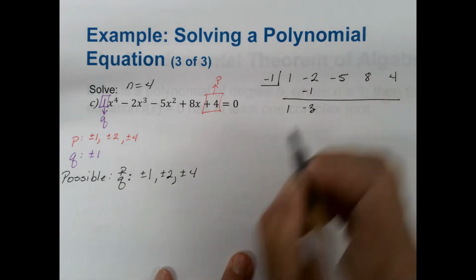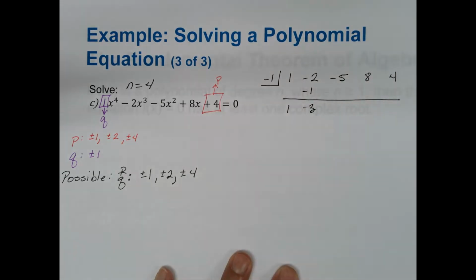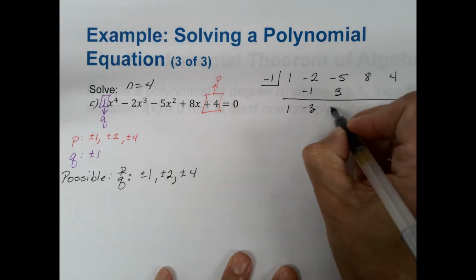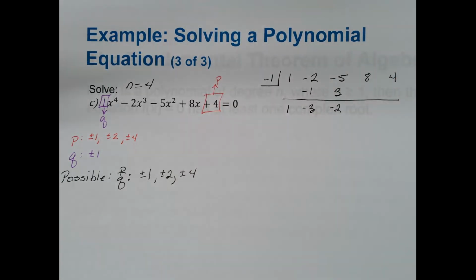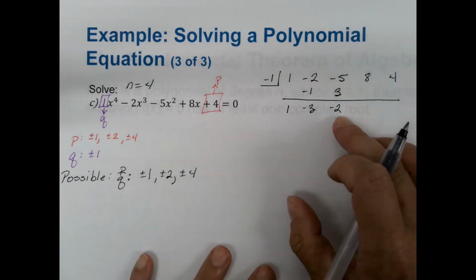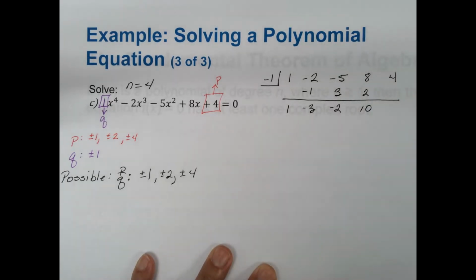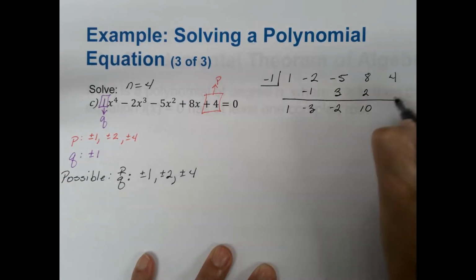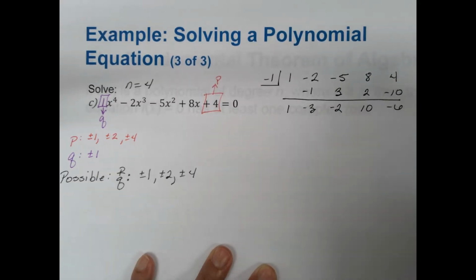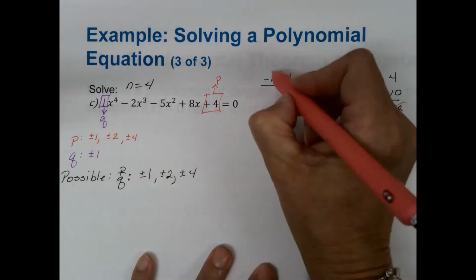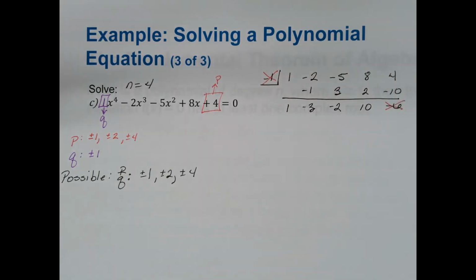When we add here, I get a negative 3. Negative 1 times a negative 3, that's a positive 3. When I add here, I get a negative 2. Negative 1 times a negative 2 is a positive 2. When I add there, I get a 10. Negative 1 times 10 is a negative 10. When I add, I get a negative 6. Negative 6 is not 0, so negative 1 is not a 0.